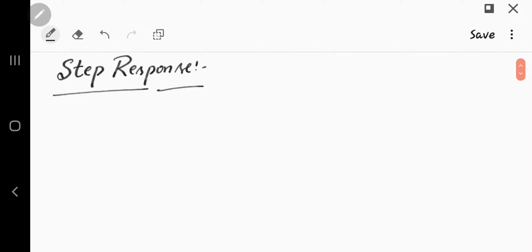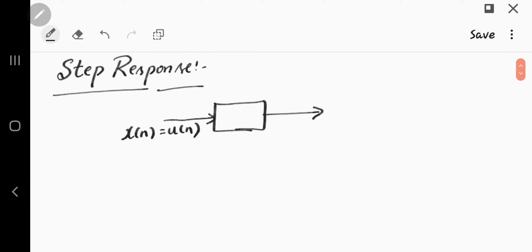Okay. So what is step response? Step response is the output due to a unit step function as an input signal. So if you consider this as a system, it might be an LTI system or any kind of system. If the input x of n is the unit step function, then the output y of n will be the step response, and here h of n will be the impulse response of the system.